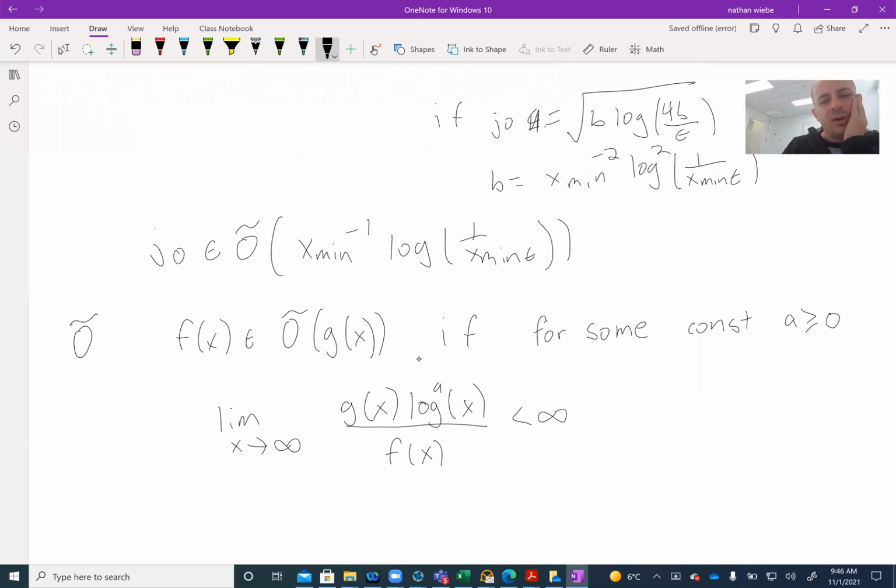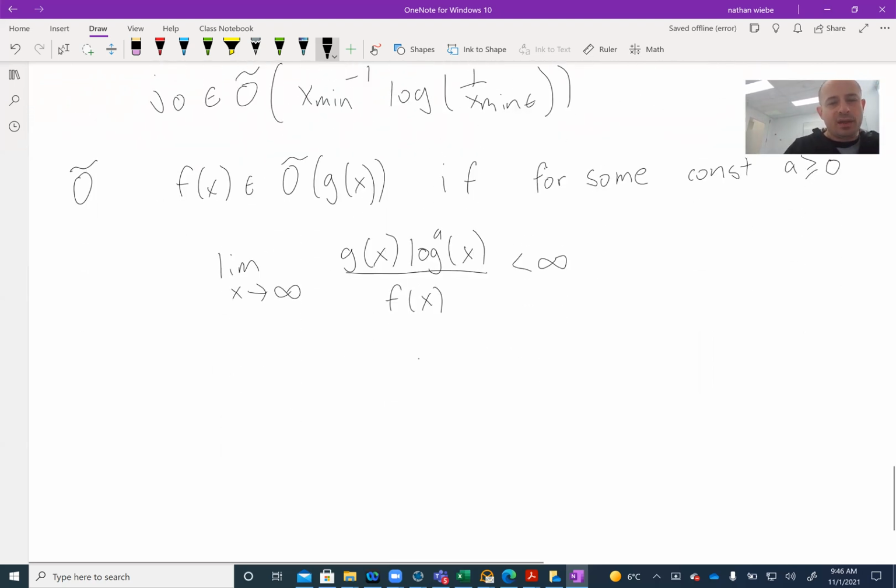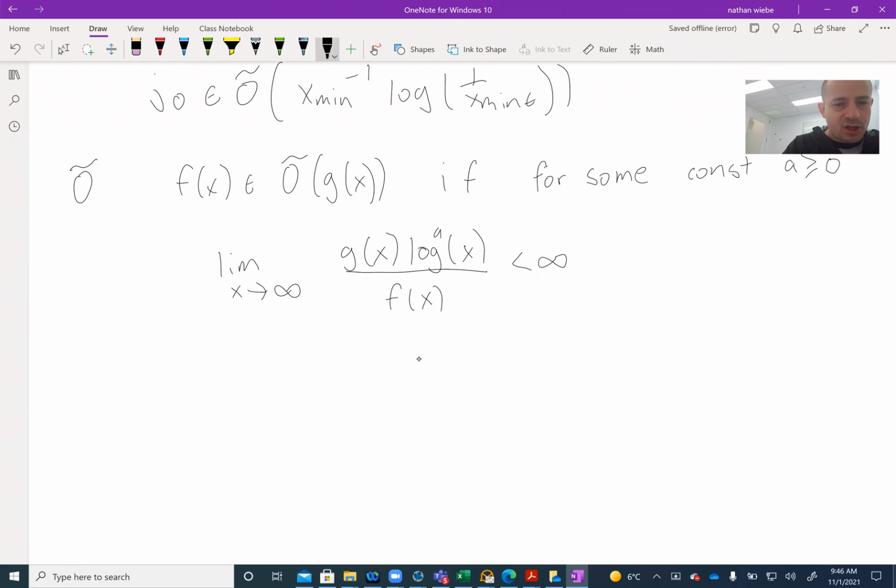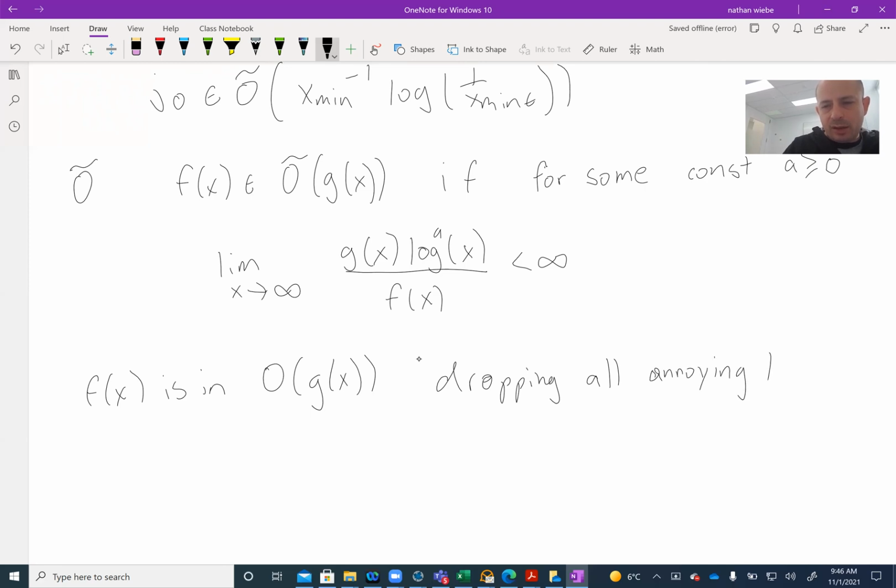Essentially what this notation means is that f of x is in order g of x, dropping all annoying log factors.